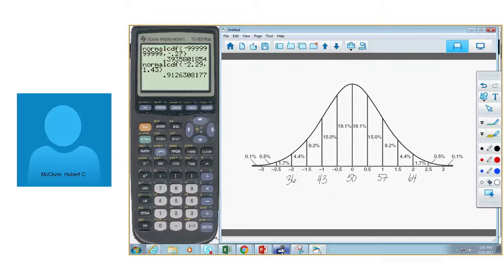And they want to know between what two numbers? 34 would be right here, somewhere in there, and 60. Well, 57, that's 7 right there, so half of 7 is 3. So 60 is going to be right in here somewhere. We're just going to put 60 somewhere in there.